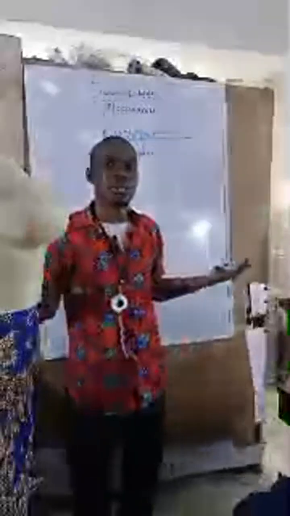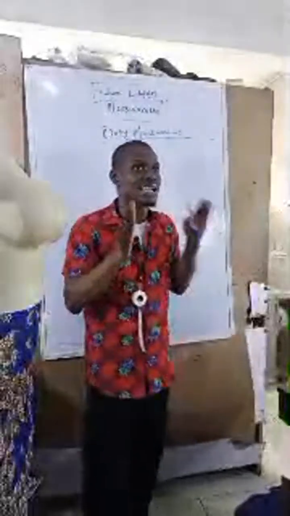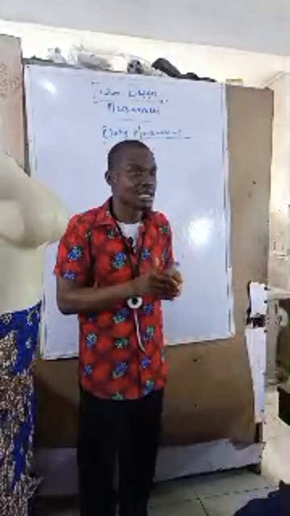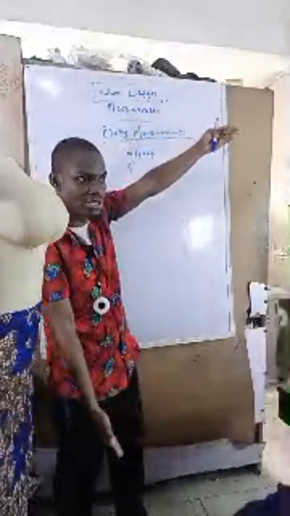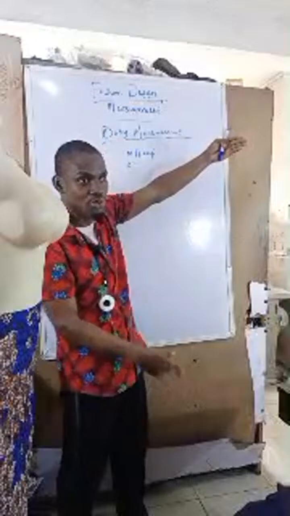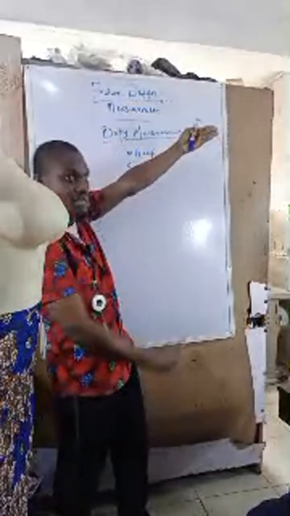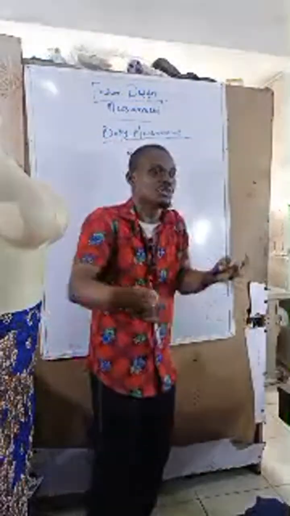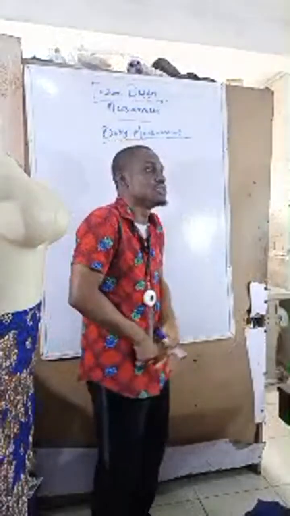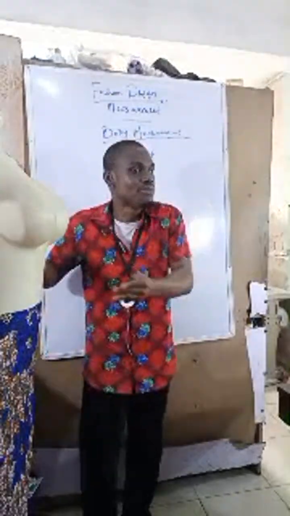Just like when I tell somebody, okay, my size is size 8, make a dress for me. I did not tell the person my bust is this, my under bust is this, my chest is this. I just say size 8. And when it comes to size 8, there is a list of other measurements under size 8. When you click on that tab, you see other measurements under there. You will now see bust of this, under bust of this, waist of this, hip of this for size 8.